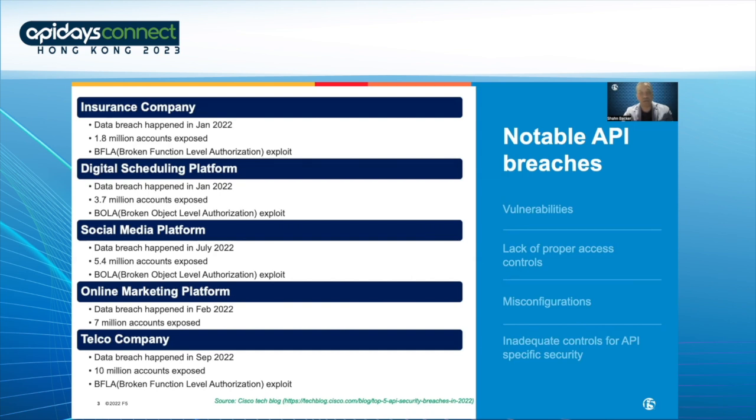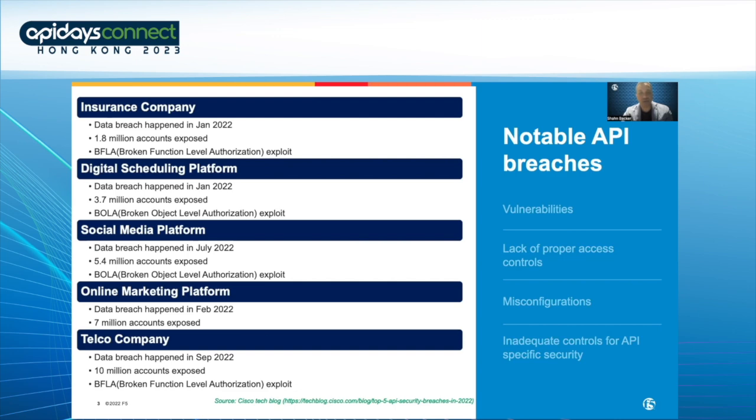A huge amount of data was lost. And if we study the root cause, we'll realize that sometimes there were vulnerabilities involved, and sometimes it was lack of proper access control, misconfigurations, etc.